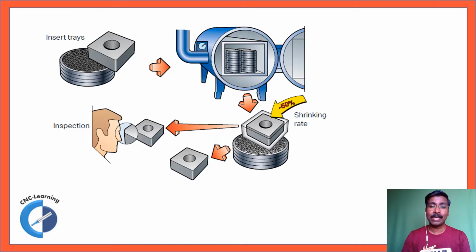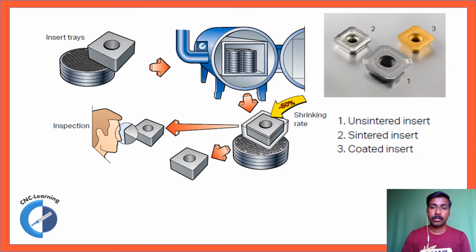There will be a shrinking rate of 50%. If you see here, this is the unsintered insert and this is the sintered insert. So this is the raw pressed insert, this is the baked insert, and this is the coated insert.